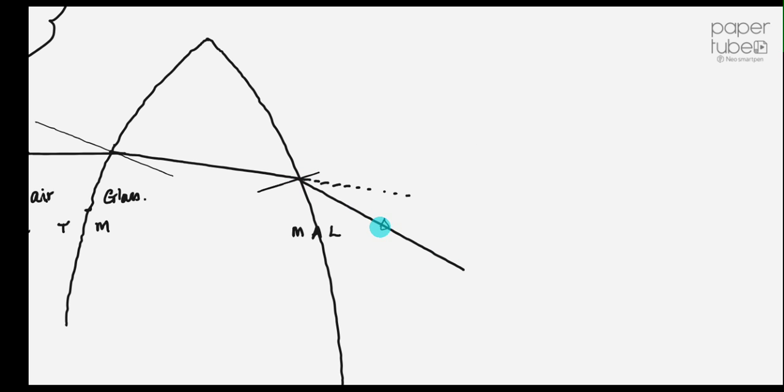And that is how a lens works. Refraction happens at two surfaces, and the refraction at the two surfaces bends the light. And that is a converging, convex, same thing, lens. So that is how lenses work.